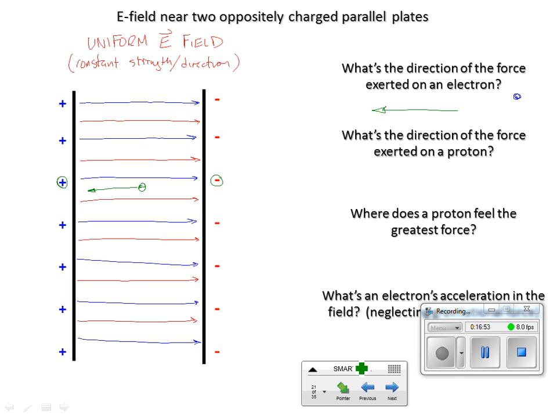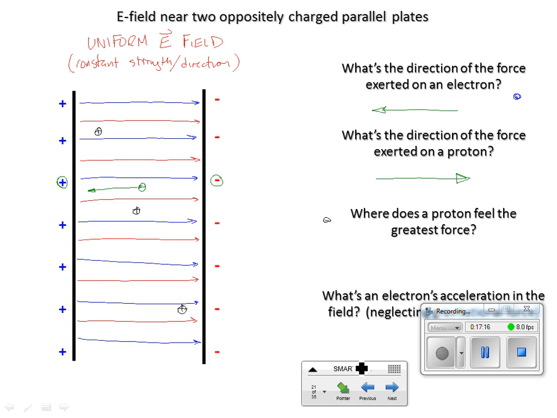What's the direction of a force on a proton? Of course, it's to the right. I'll give you three choices. Let's put a proton here, here, and here. At which location does a proton feel the greatest force? Think. Pause. Return.